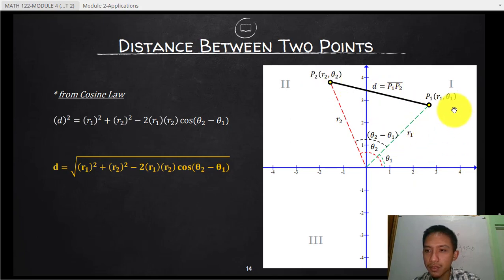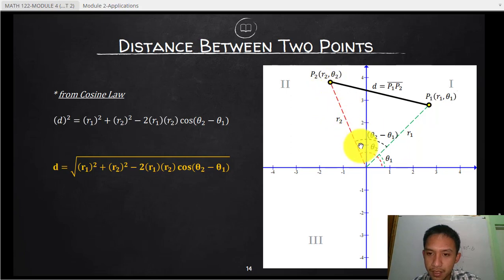And actually making use of this polar angle, you can get the angle between these two radius. Look at this. If that is theta 1, and going to that red is theta 2. If I will subtract theta 1 from theta 2, that is actually the angle between your two radius here. Isn't it? That's why theta 2 minus theta 1.